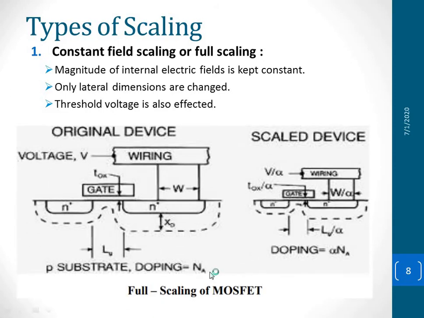If you see this, the original device has oxide thickness TOX, length, and substrate doping Na. Now the doping is alpha times Na.